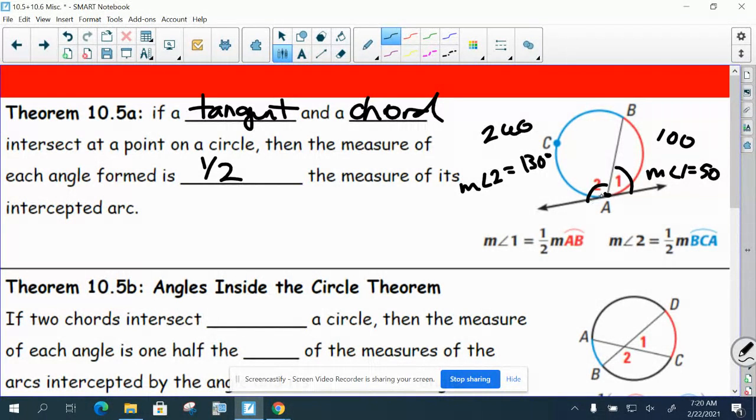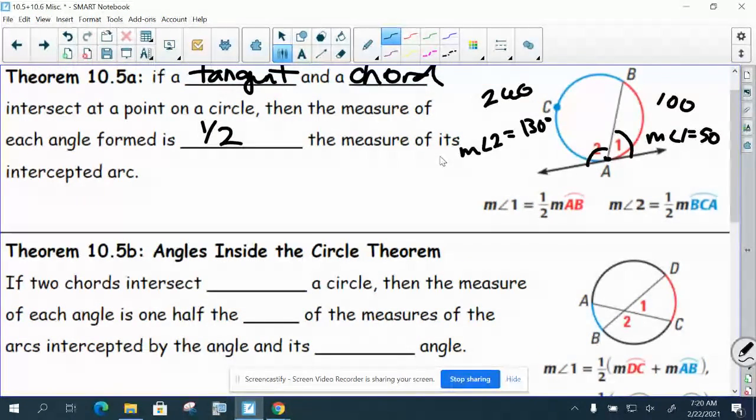This is pretty easy to see. If the whole circle is 360, and this chord and the tangent split it up into 2 parts, then the measure of this line must be 180, so it must intersect correspondingly.